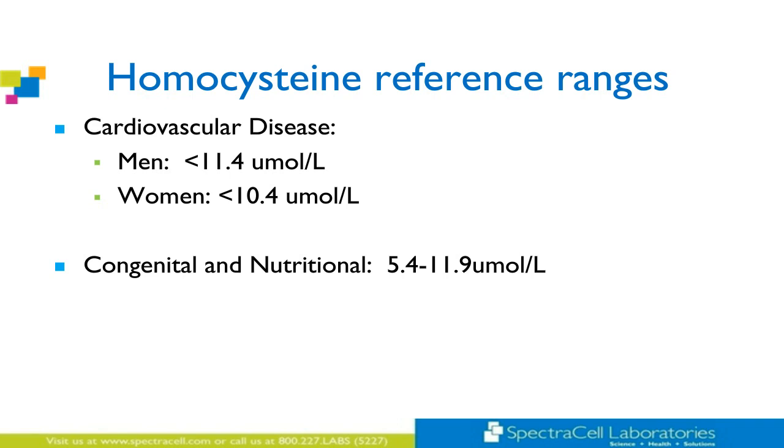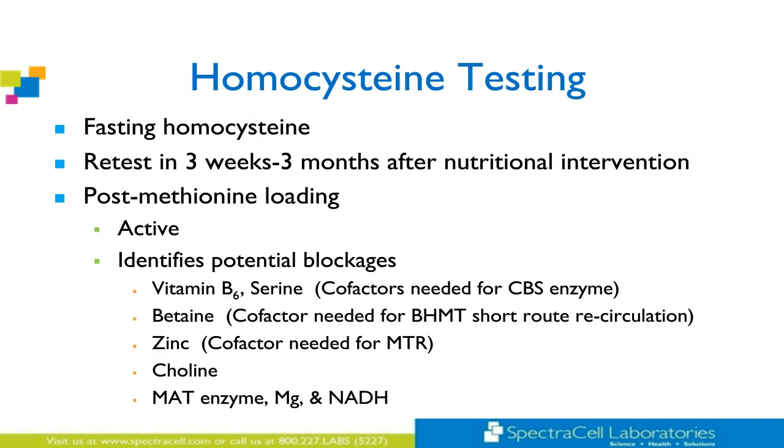For testing, homocysteine should be a fasting test, and it can be repeated in 3 weeks or 3 months after nutritional intervention has been instituted. There is some talk in the literature about testing homocysteine using a post-methionine load, and we do that by giving specific nutrients, looking at high dose methionine.